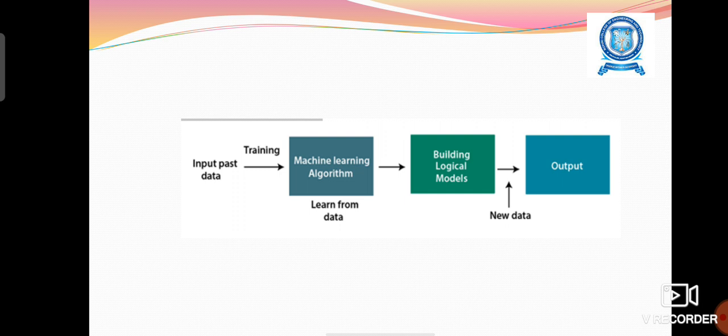Then new data will be applied to the already developed model, and finally the output will be produced. So as per the knowledge learned from the existing data set, the machine learning system will provide the output for the new data.